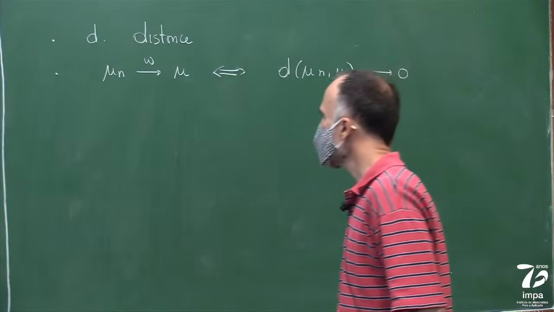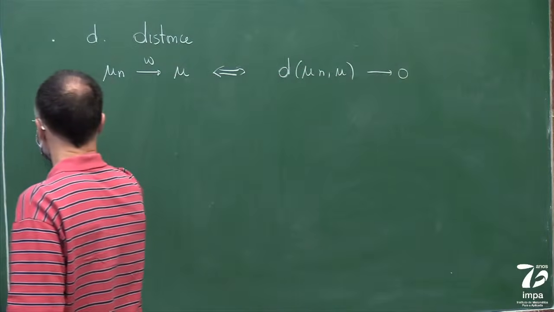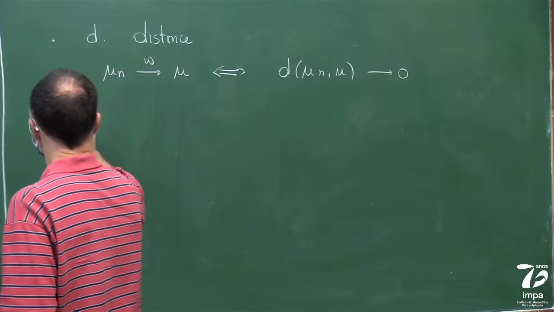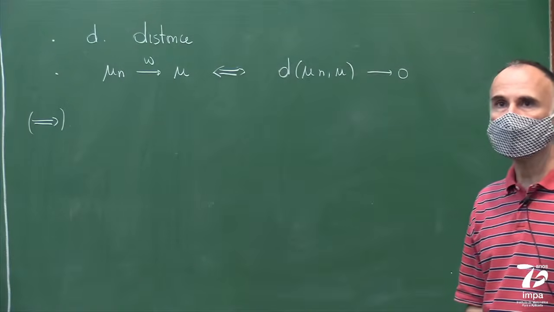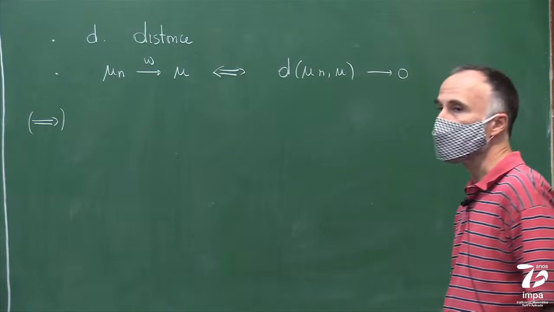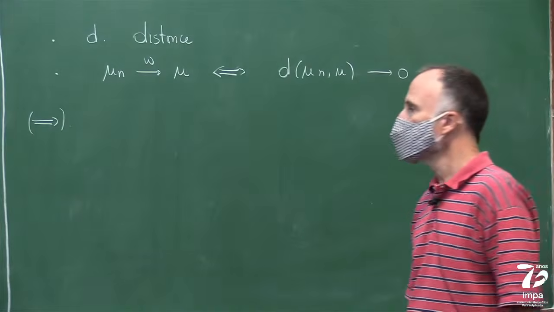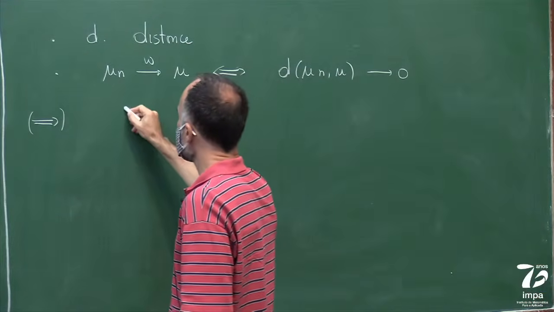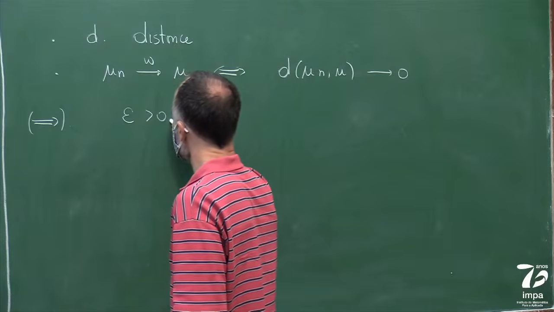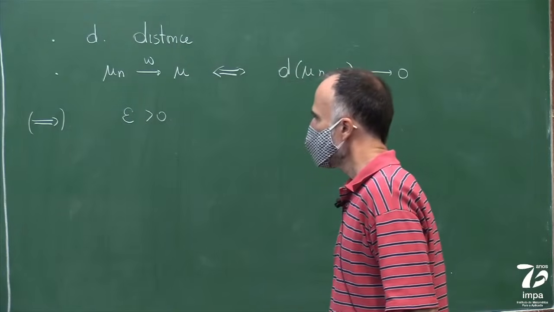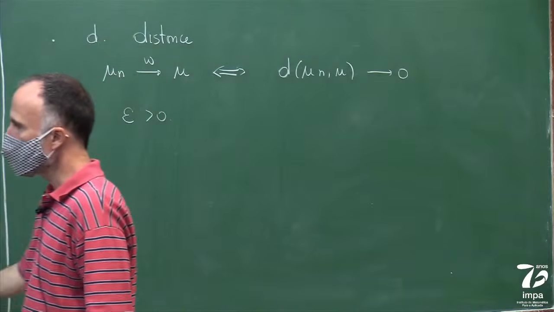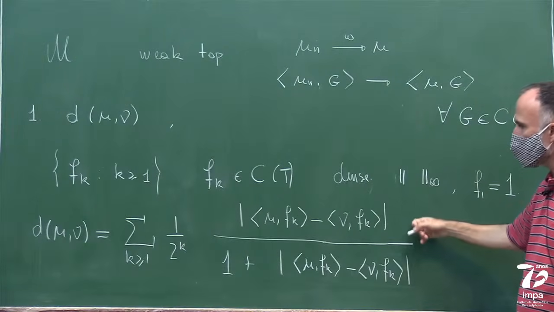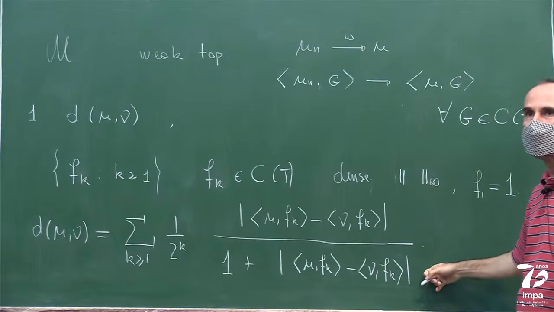Okay, so let me just check that. So let's assume that mu n converges to mu weakly. You want to show that the distance converges to 0. So what you do is you fix an epsilon positive. Then once this epsilon has been fixed, you look at this distance and you see that these ratios are bounded by 1.